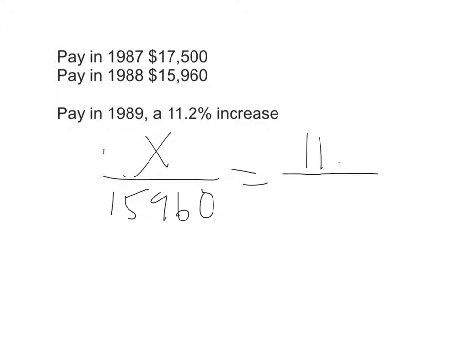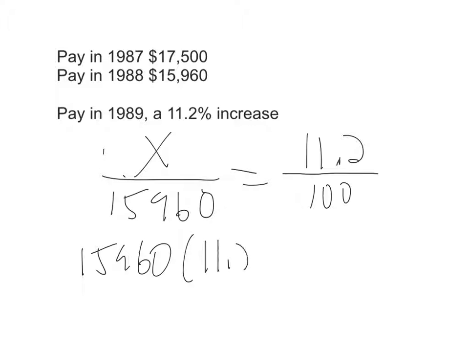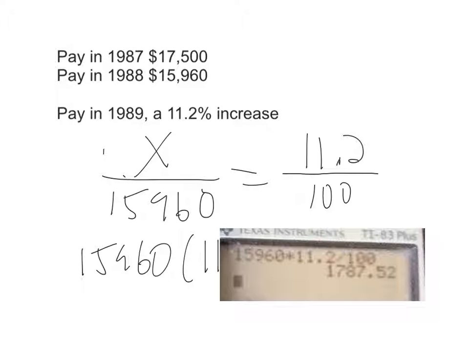And if it's 11.2% over 100, well, if I do my cross products, if I multiply 15,960 times 11.2 and then divide that by 100, that will tell me what my actual pay raise was. So that's my actual amount of money that it went up.